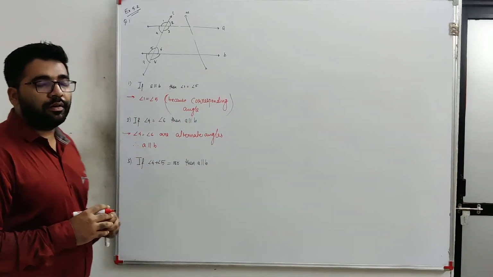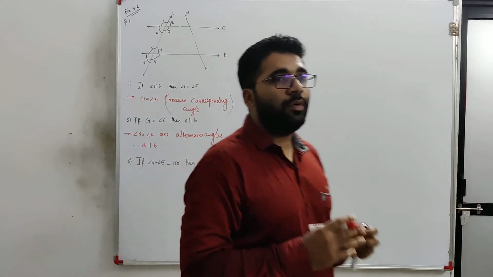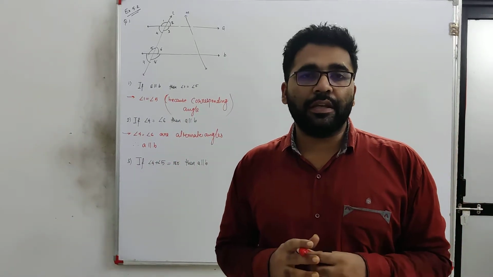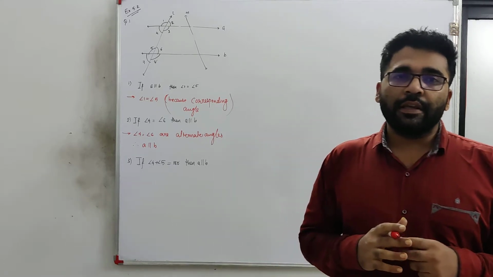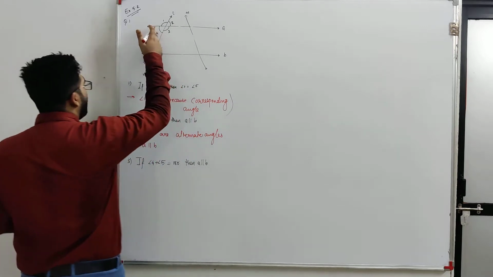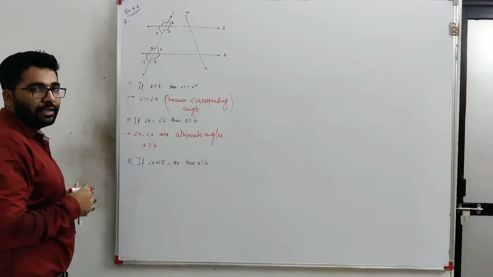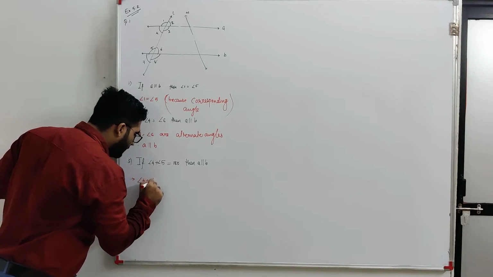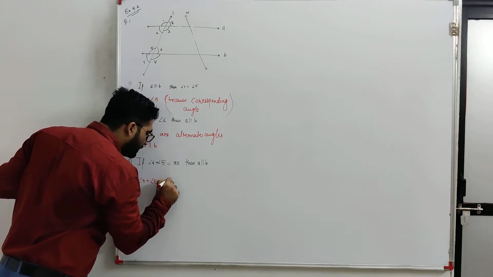Similarly, we have learned another property: if the sum of the two interior angles on the same side is 180 degrees for any two lines, then they are parallel to each other. See here, angle 4 plus angle 5 is equal to 180 degrees.